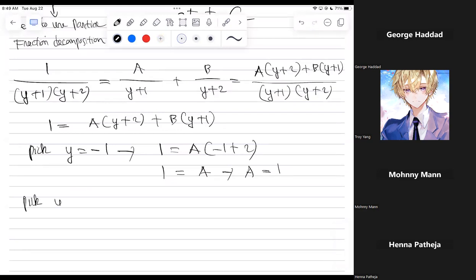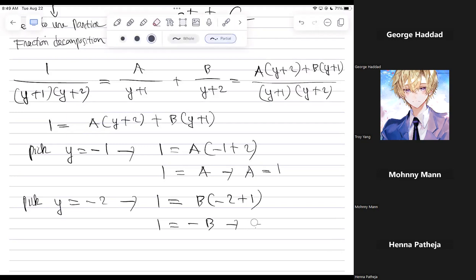Also, if I put y equal to -2, the left-hand side is still 1. Y plus 1 is -2 plus 1, so I have B times -2 plus 1. So 1 equals -B, so B is just -1.